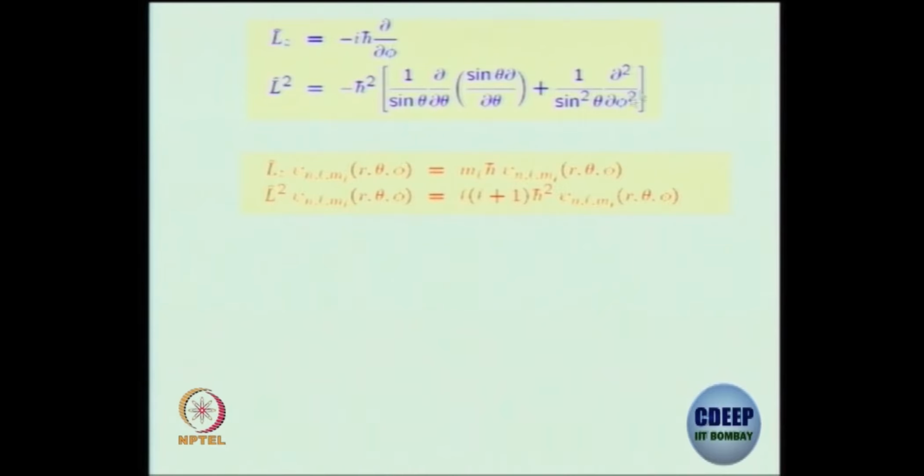What about L dot L? This also you can see: this will be the operator form acting on the theta phi part of the wave function.